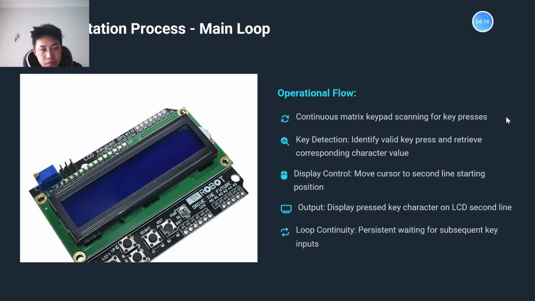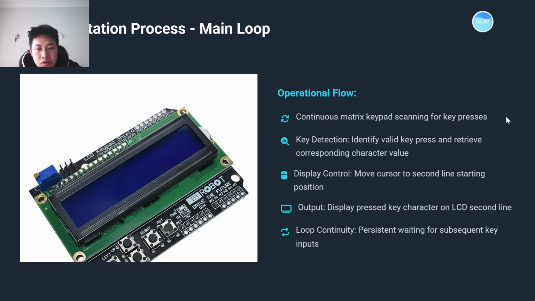So the main loop function, you can see the operational flow: continuous matrix keypad scanning for key presses, and key detection identifies a valid key press and retrieves the corresponding character value.